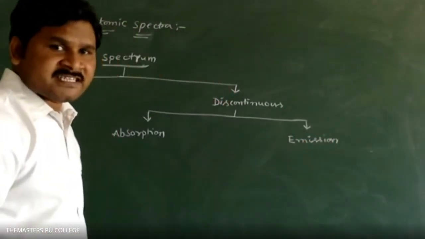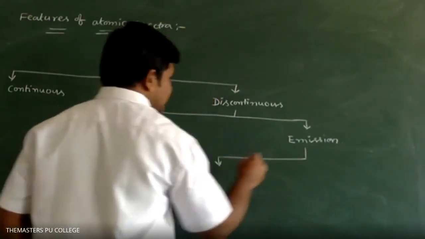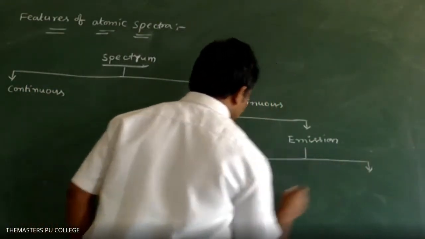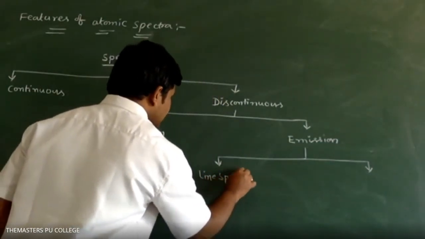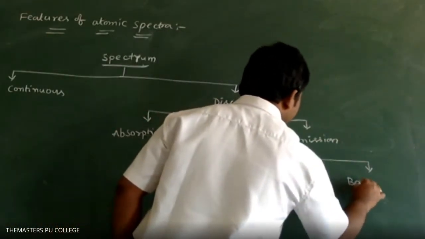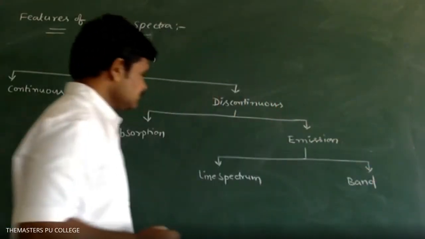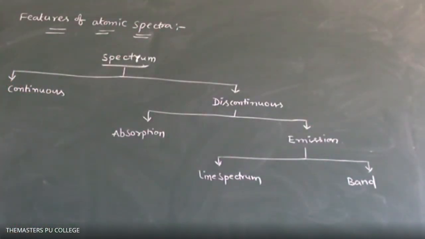This emission spectrum is further classified into two types: line spectrum and band spectrum. These are the different types of spectrums.